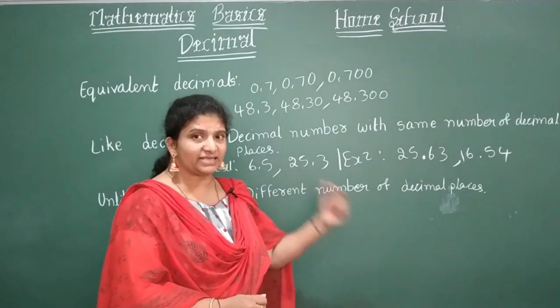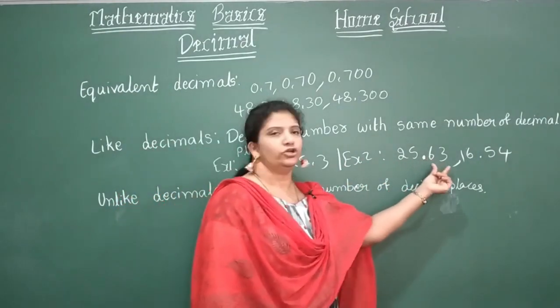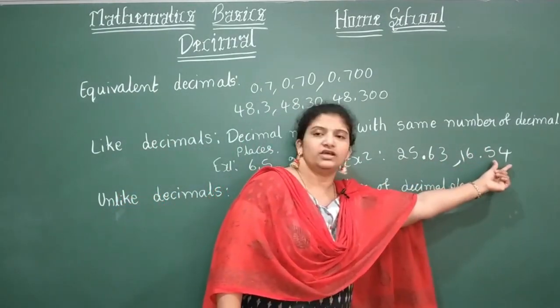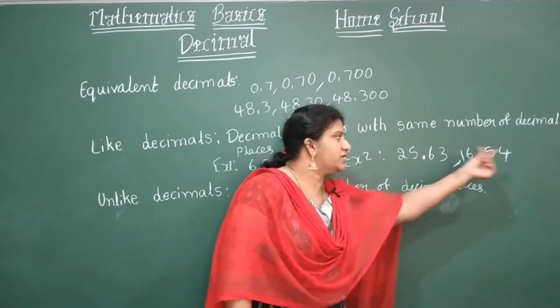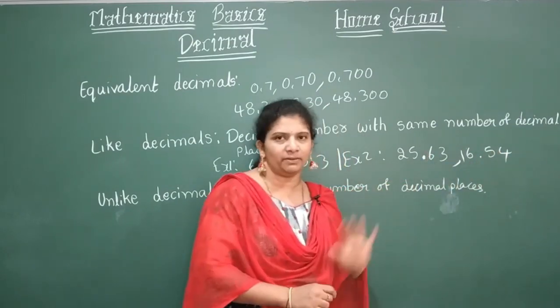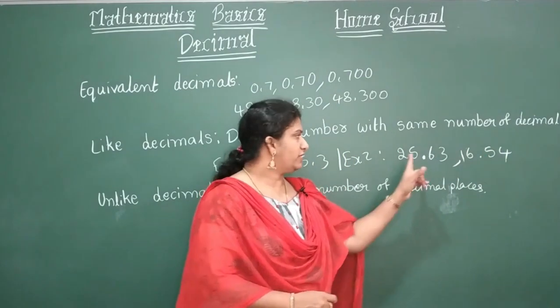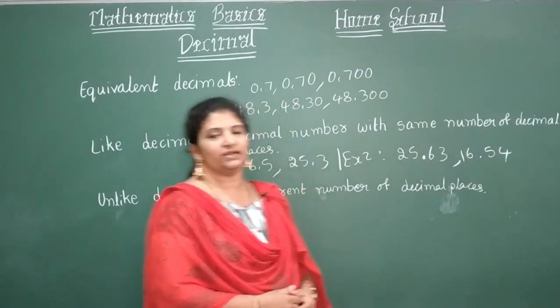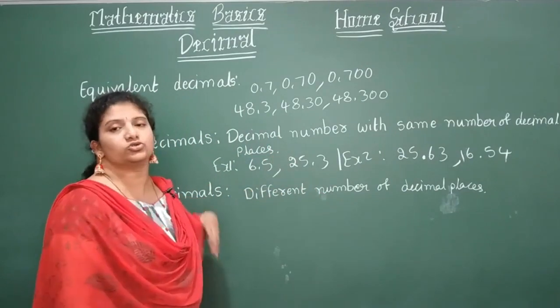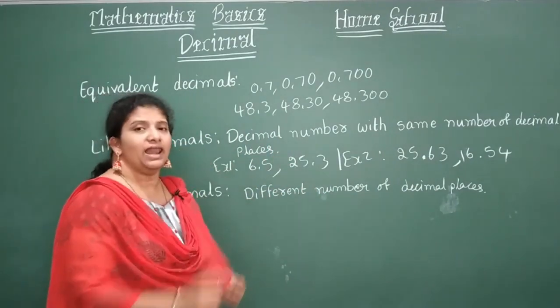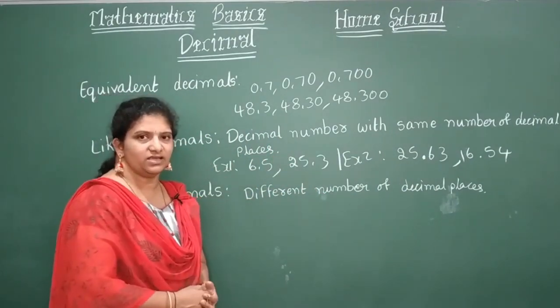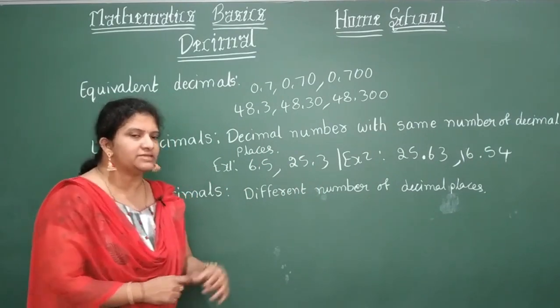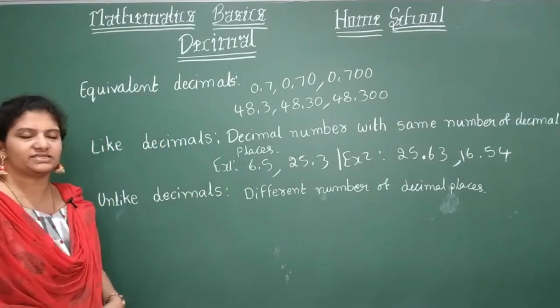Count how many decimal places you have here. 2. And here it is 2. So you have to observe only this side, not the whole number part. Okay, children. So now two decimals are there. They are equal. Then we can say that those two decimals are like decimals.